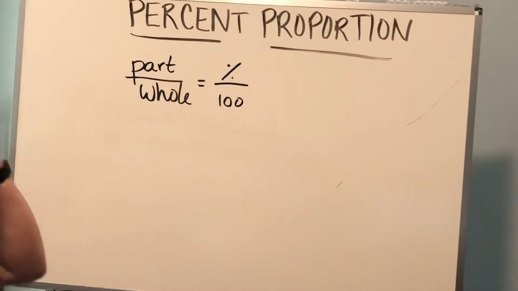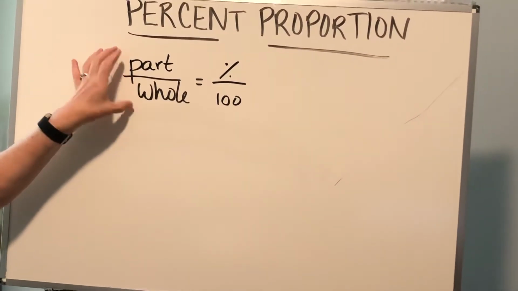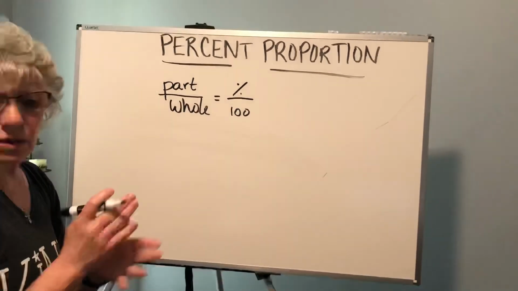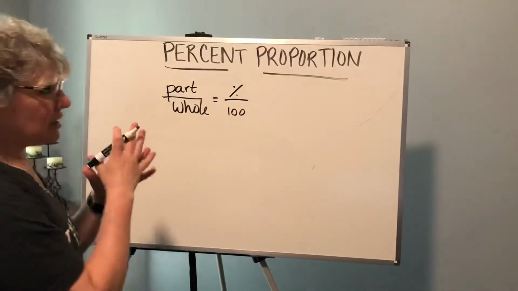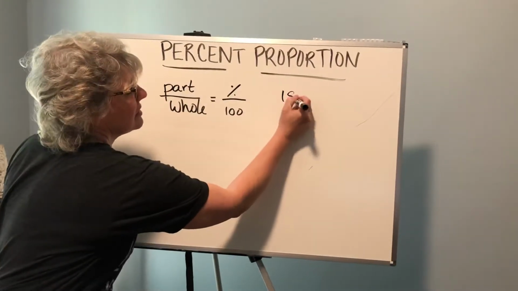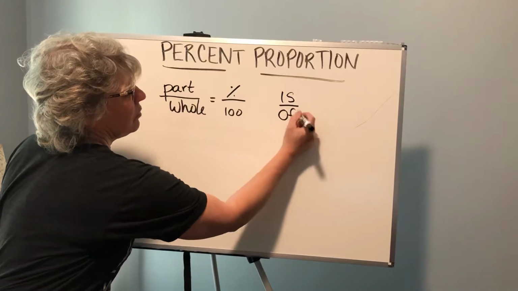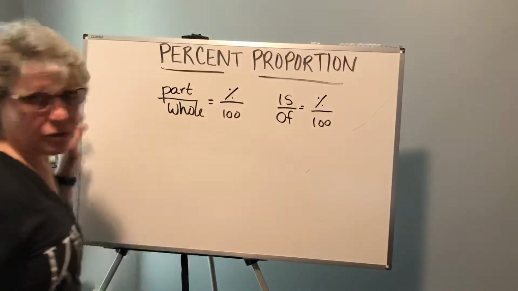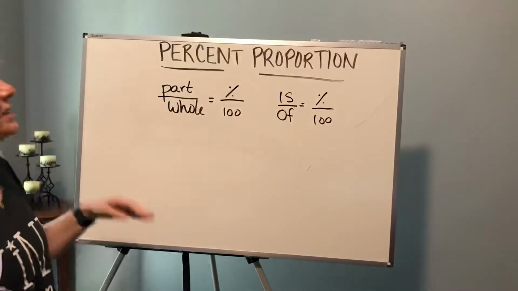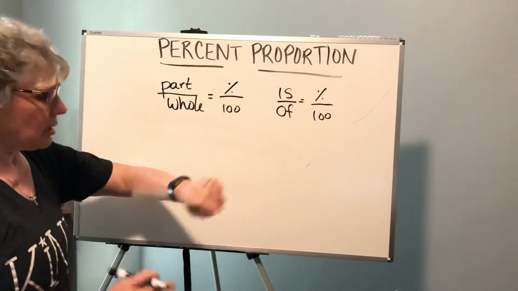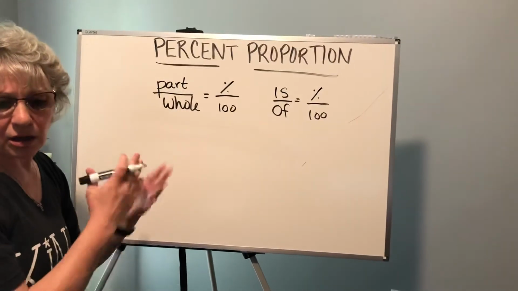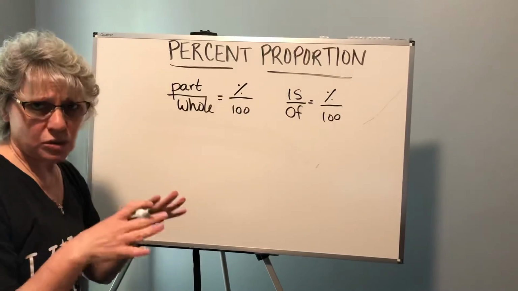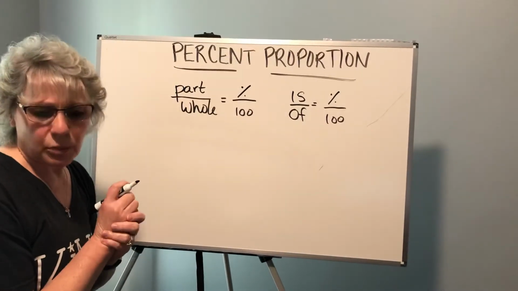Now, having said that, this works best a lot of times when we're talking about word problems in particular, but sometimes we just get a statement, and in that statement you have the words is over of equals percent over 100. So I'm going to do a couple of examples to show you what I'm talking about and how it comes back to either one of these. I'm not going to do word problems with this. This is going to be strictly just setting up percent proportion.